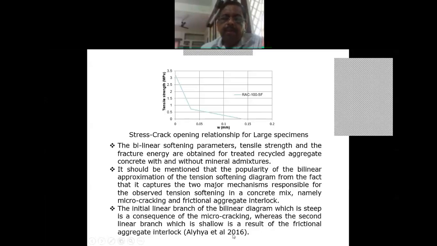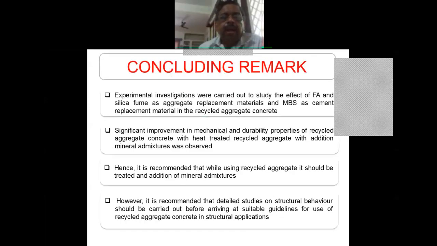Durability property wise also, these mineral admixtures are reducing the pores, and discontinuous pore structures lead to improvement in the durability properties. So that way, definitely recycled aggregates are to be used extensively in future, but it has to be taken care that the basic properties of aggregates are changed.